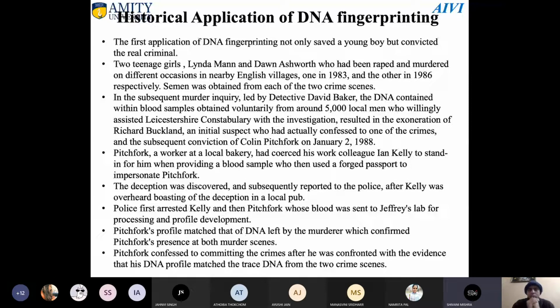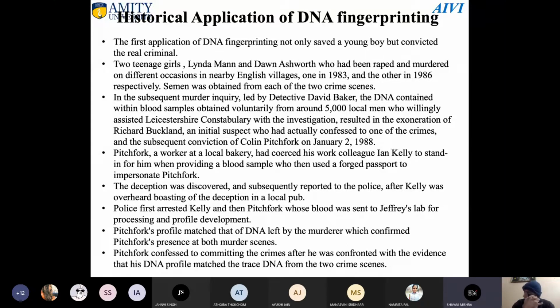His story is associated with two teenage girls, Lynda Mann and Dawn Ashworth, who were raped and murdered in 1983 and 1986, and were found in an English village.